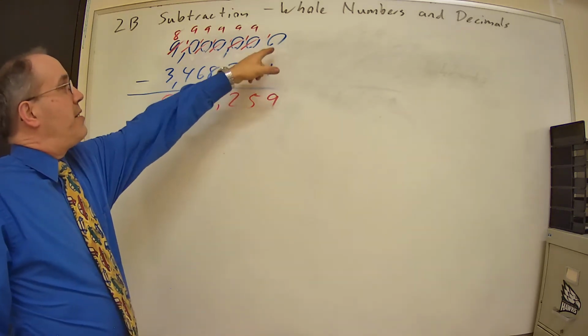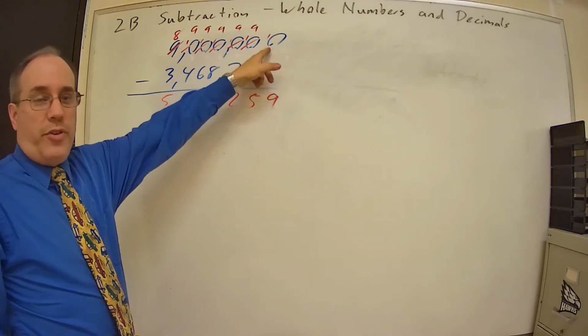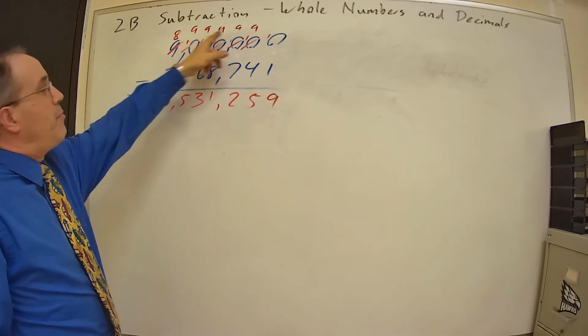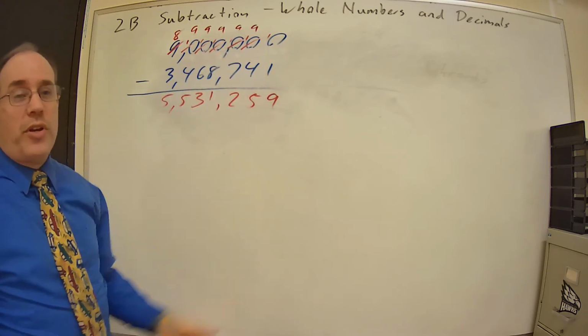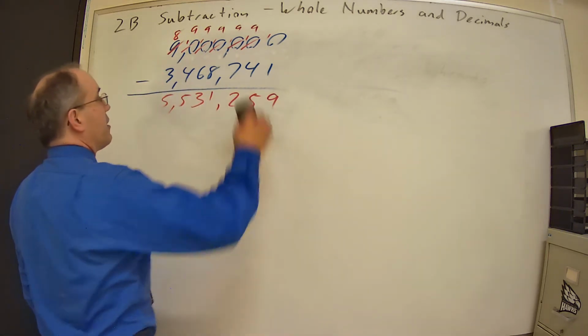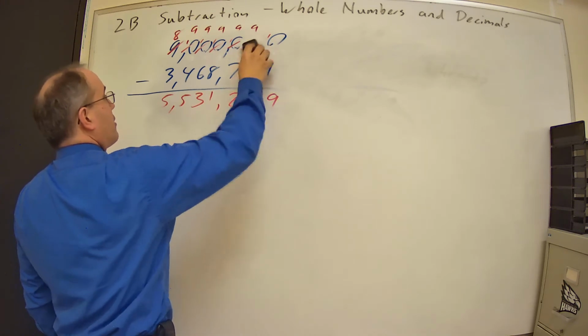Note here that this digit we turned into a 10 by borrowing. All these other zeros became 9s. So we could actually save ourselves a little time and effort in this process by doing the following.